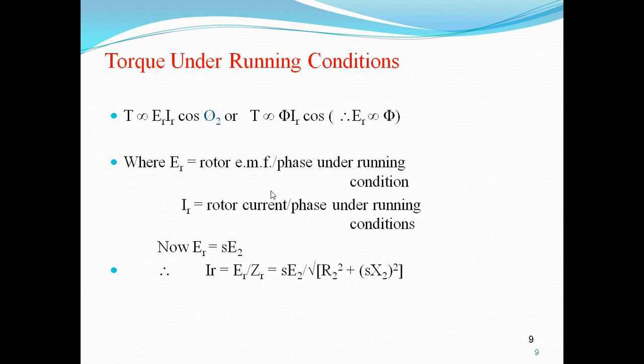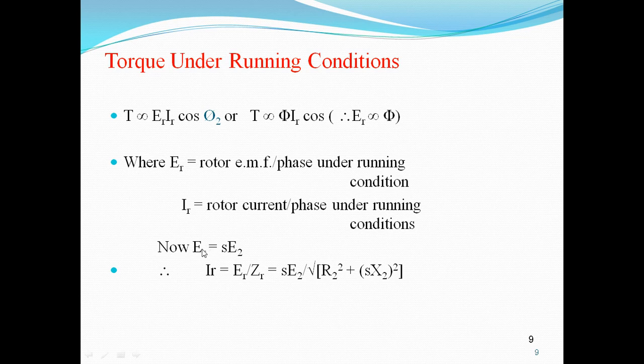Note down these formulas: Ir, Er, fr. These are important. Definitely you will get one problem on this. In induction motors, we always have to check the condition. When a problem is given, read carefully and note down which condition is given, either standstill or running condition.